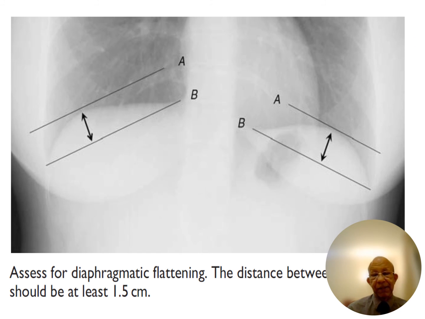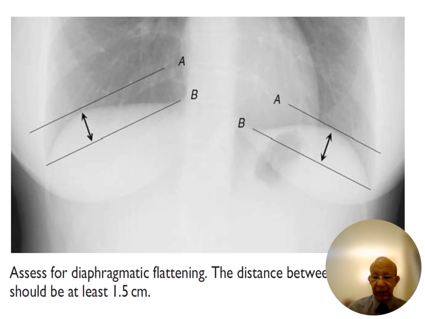Okay. Now, when you look at the hemidiaphragms, you can look for diaphragmatic flattening, and by flattening it means that this is actually less than 1.5 centimeters from the dome to the transverse line you draw this way.